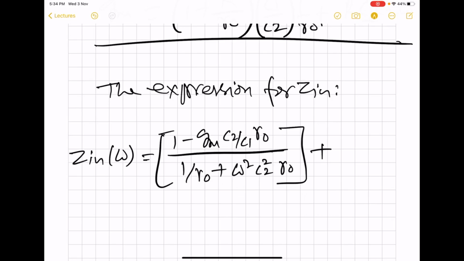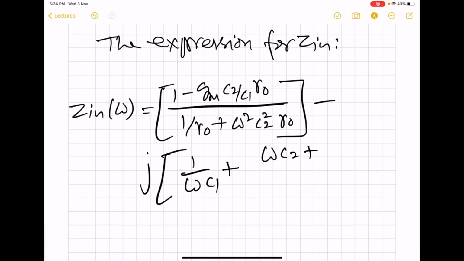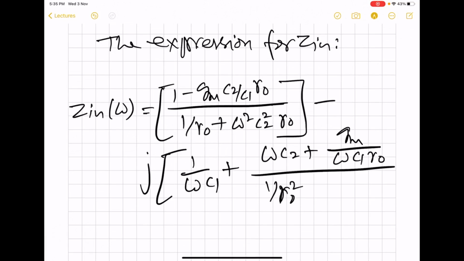So this is going to be the real part of this Zin, and the imaginary part is going to be minus j into 1 by omega C1 plus omega C2 plus Gm by omega C1 R0 divided by 1 by R0 square plus omega square C2 square.